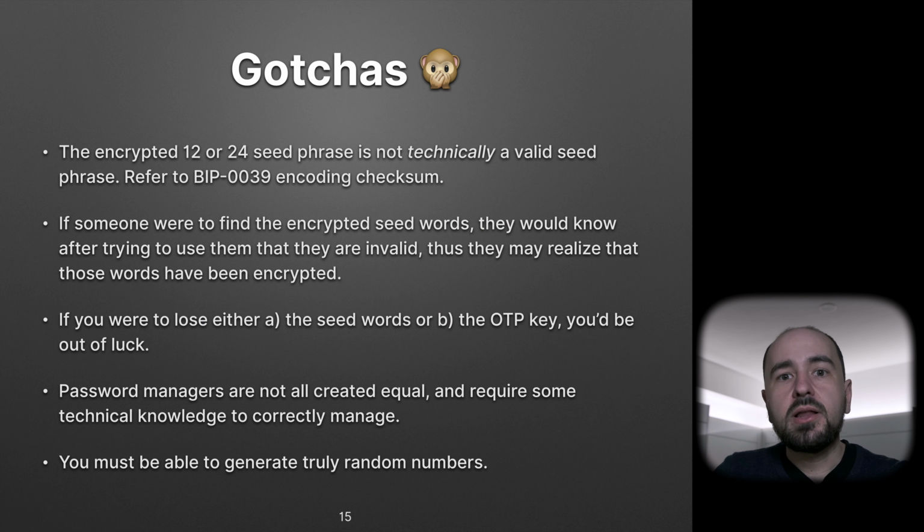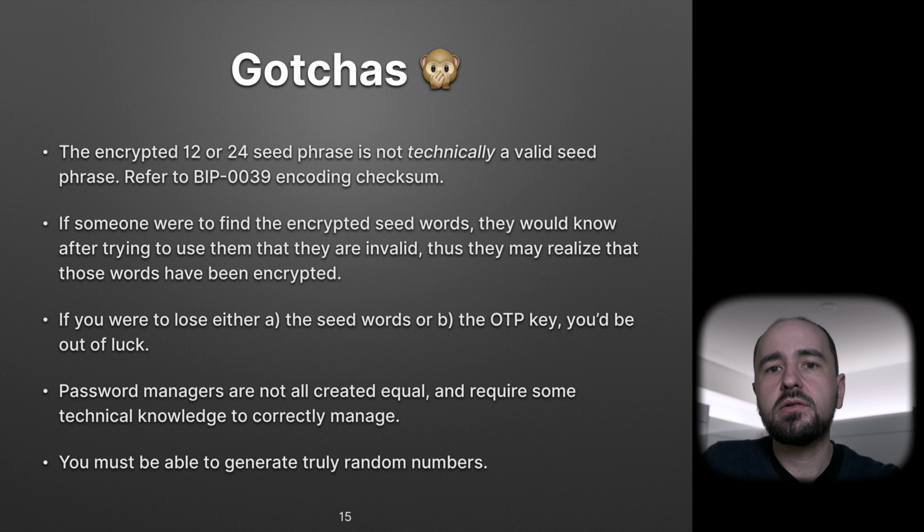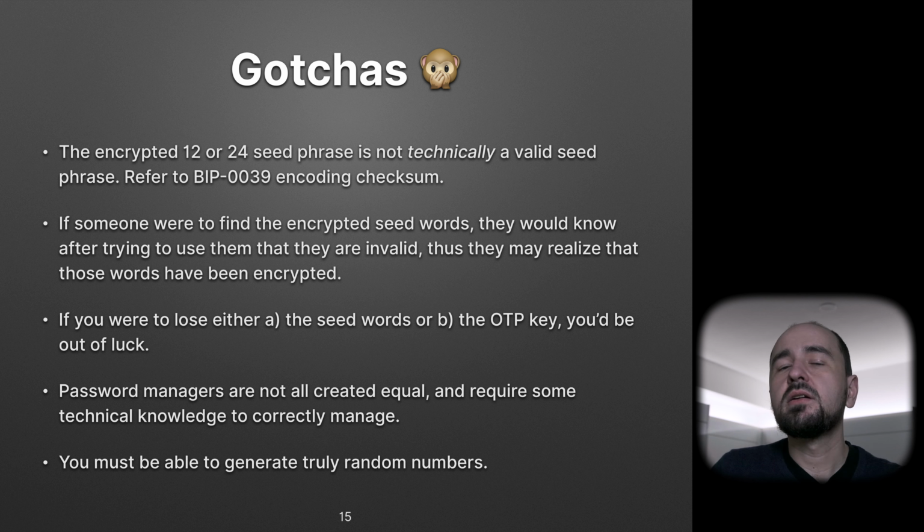All right. So what are the gotchas with applying this to the seed words? Well, there are a few problems. One, notably, is that when you encrypt the seed words with a one-time pad like this, your resulting set of seed words is not actually BIP39 compliant.